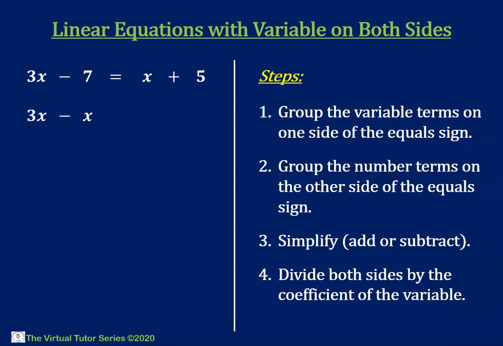The second step is to move negative 7 from the left-hand side to join 5 on the right-hand side. And we do so by adding 7 to both sides of the equal sign. So basically, negative 7 on the left-hand side becomes 7 on the right-hand side.